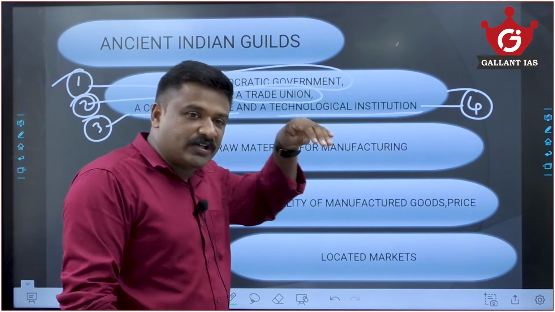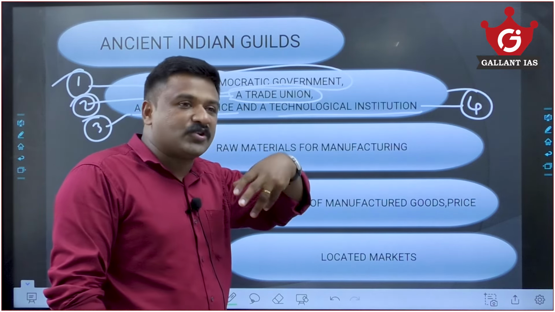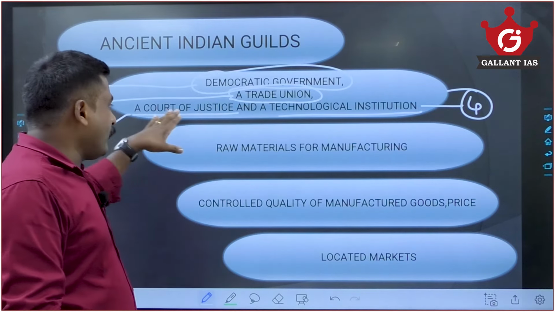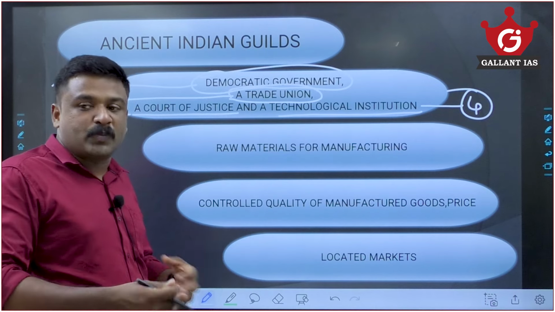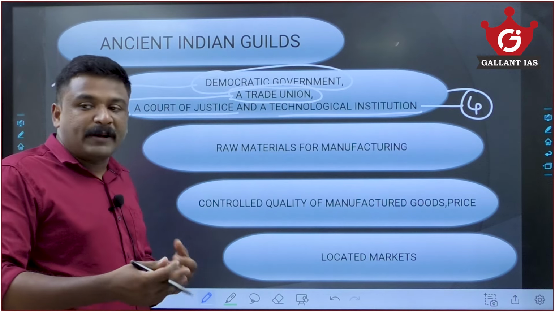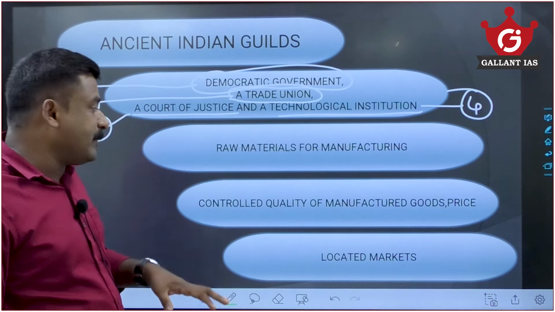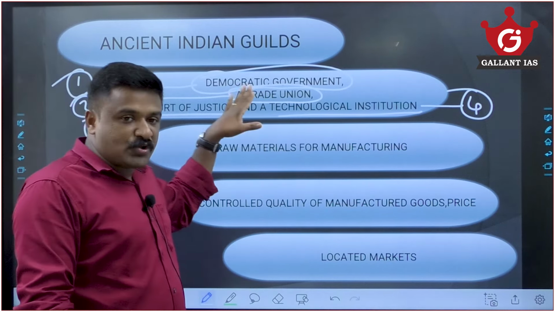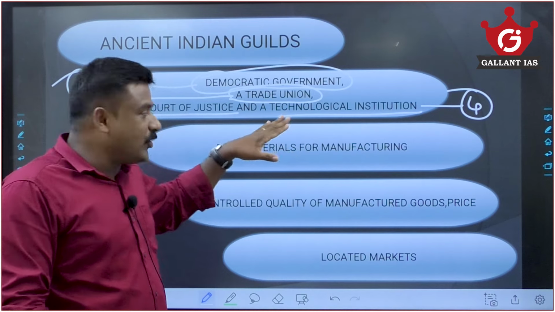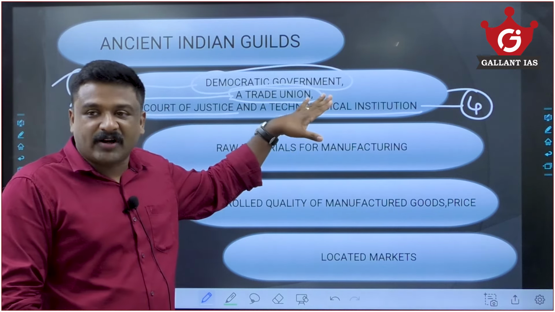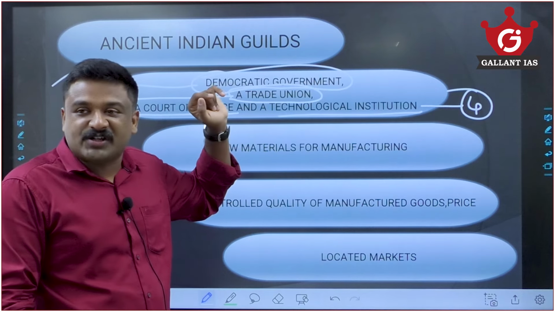It functioned as a democratic government, a trade union, a court of justice, because it settled the disputes between guilds or between merchants or merchant associations, or among the members. So it acted as a democratic government, a trade union or a court of justice, and as a technological institution.